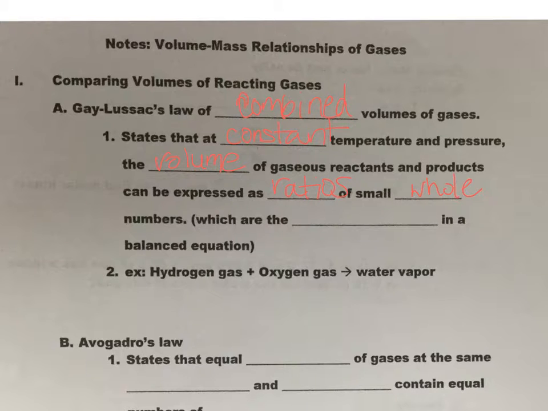And where do we usually get that information from? The small whole numbers that we usually use to find ratios? Your coefficients, yeah, good.